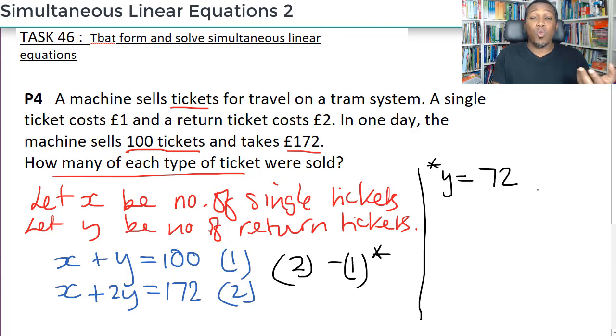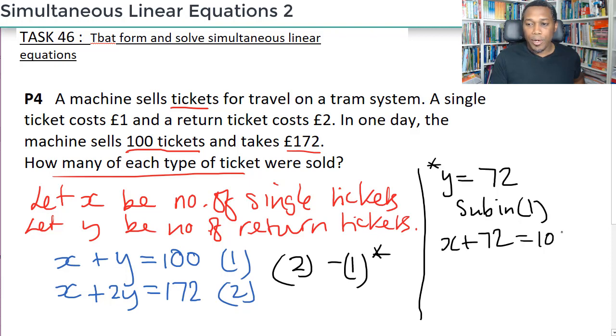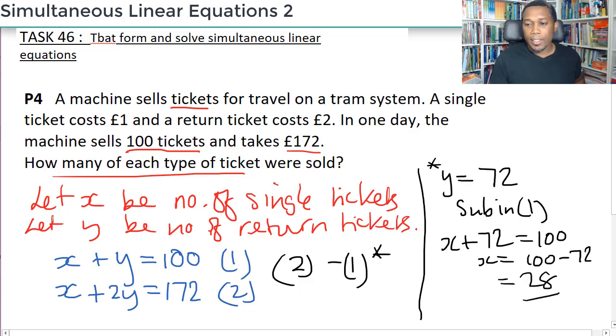And now that we know y, we can quickly find x. Remember, we're doing substitution in 1. If I sub in 1, x plus 72 has to be 100, which means that x is 100 take away 72, which is equal to 28. Okay? So that's your strategy there.